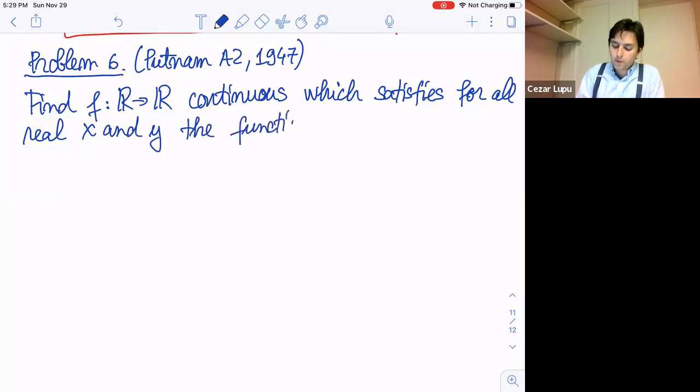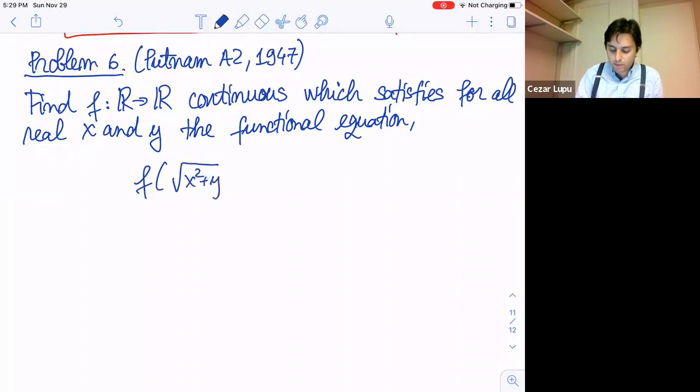And the functional equation is given by the following: f of the square root of x squared plus y squared is f of x times f of y.